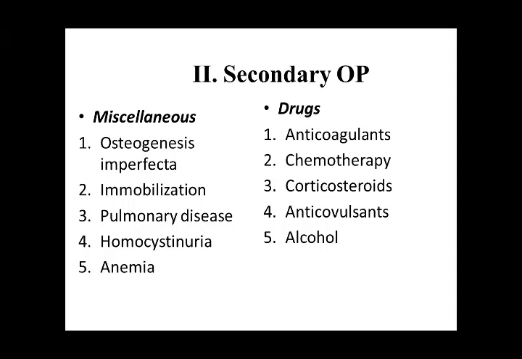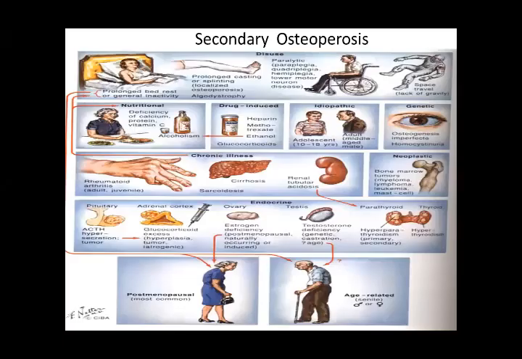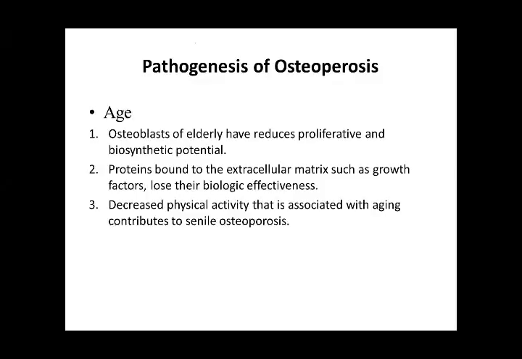I told you, anticoagulants, anticonvulsants, and alcohol are the common drugs, three drugs beginning with A. Chemotherapy and corticosteroids are the other drugs. These are the secondary causes of osteoporosis, just a picture so that it can stimulate your memory more.